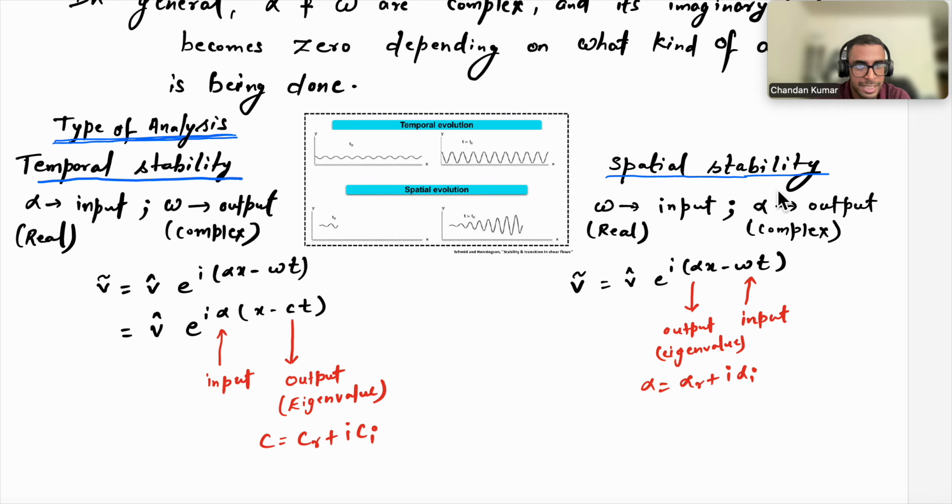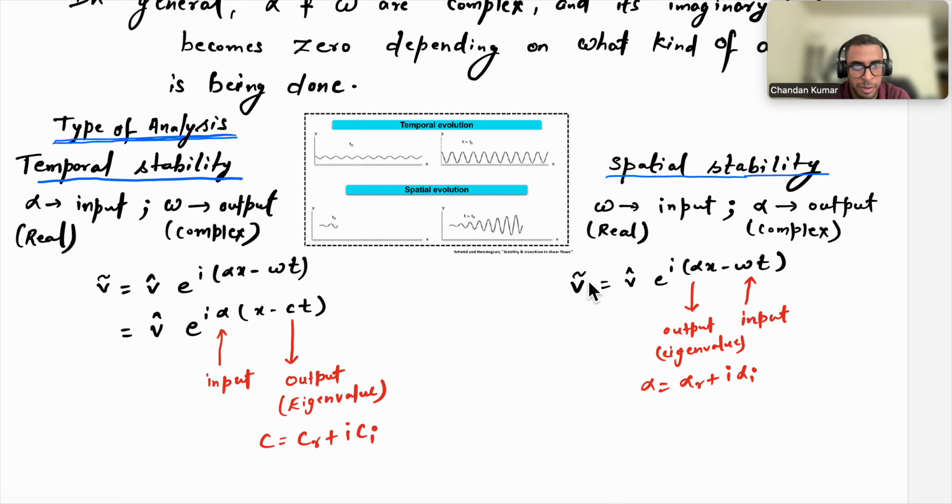In the spatial stability, we do things slightly differently. We specify the input as omega, the frequency, which is real, and we compute alpha, the wave number, which is complex.